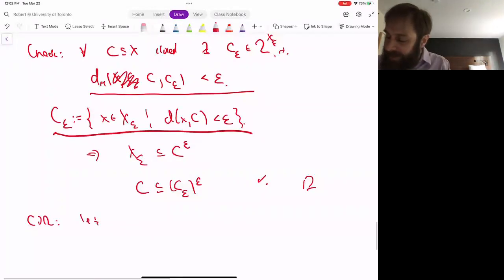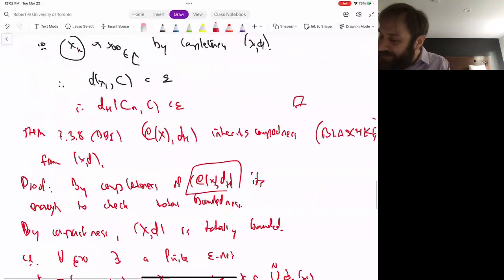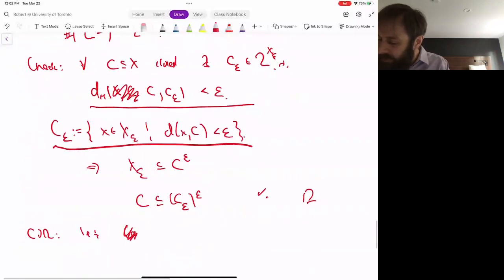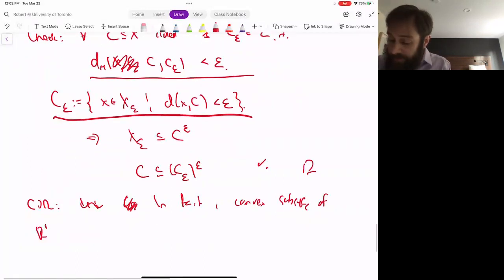if I let, I don't know, I should use a different letter. In fact, convex subsets of Rn, let's say, form a closed subset of C in the Hausdorff metric.